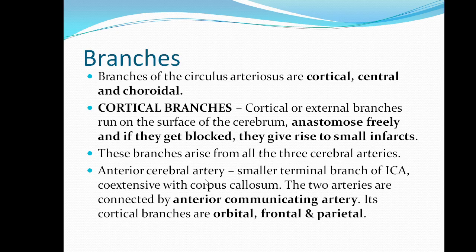Anterior cerebral artery: it is the smaller terminal branch of the internal carotid artery, coextensive with the corpus callosum. The two arteries are connected by the anterior communicating artery. Its cortical branches are orbital, frontal, and parietal.